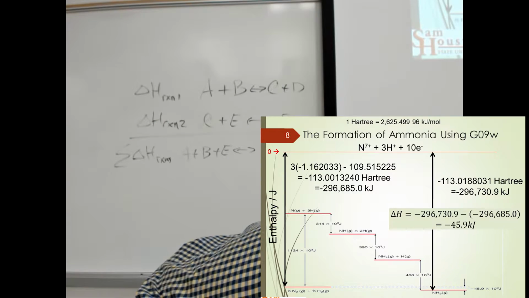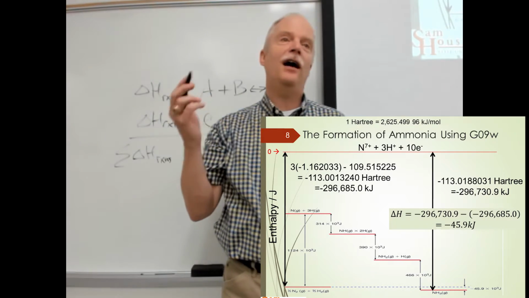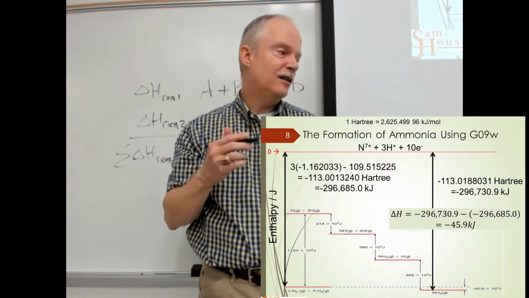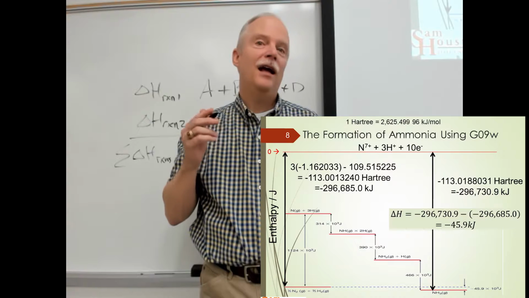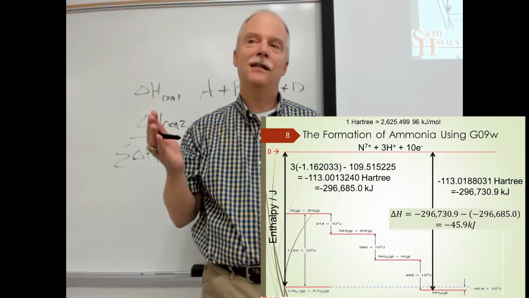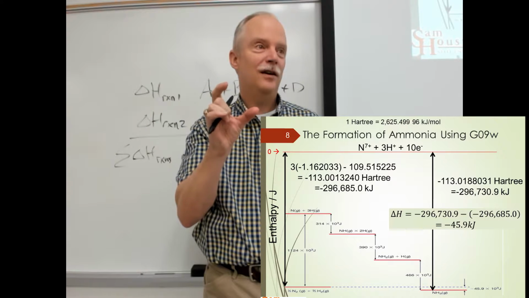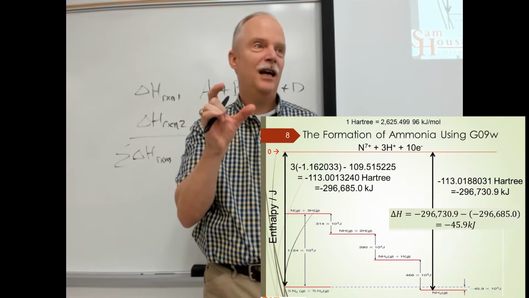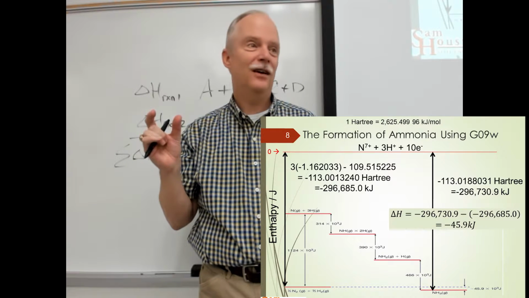Look at that number. Okay. And so I kind of throw out that it's 2625 kilojoules per mole per Hartree. But you want to be more precise than that because Gaussian's giving you 7 digits of information. And you don't want to throw away the last 4 or the last 3, right?